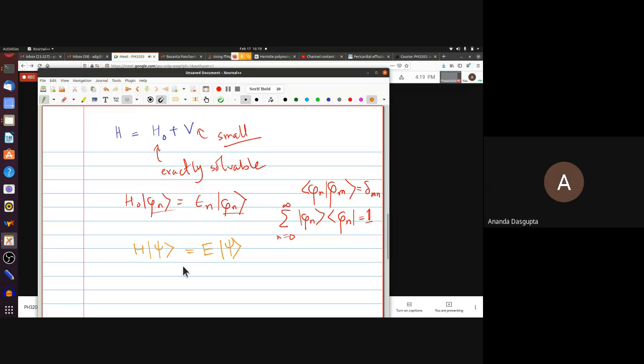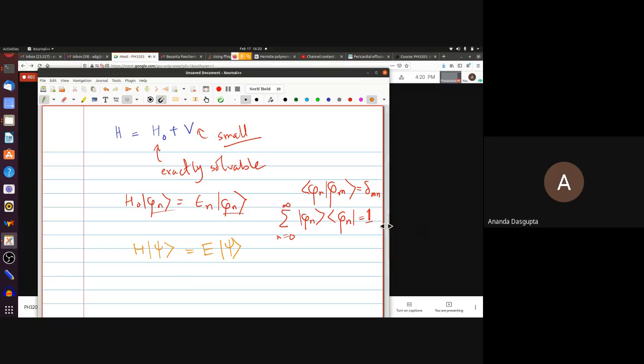However, in most situations, V would not commute with H0, and it usually does happen that H actually cannot be exactly solved, but we can find a way to solve it order by order, in an order by order approximation. So as long as V is small, we can get a reasonably accurate answer out of this just by keeping your calculations well up to some order.